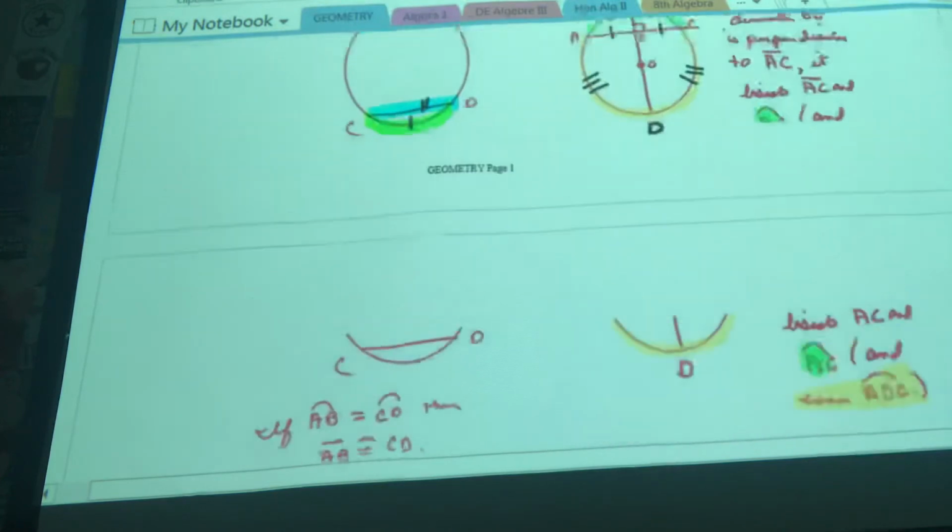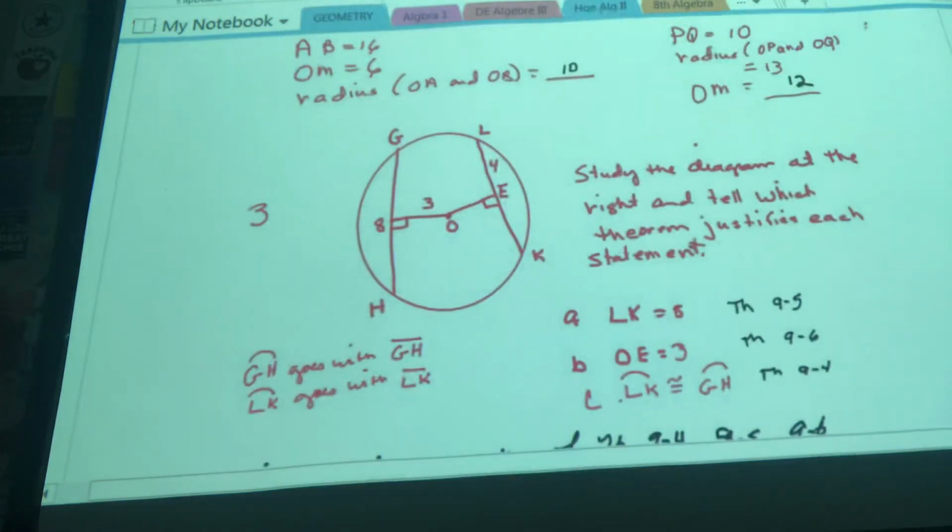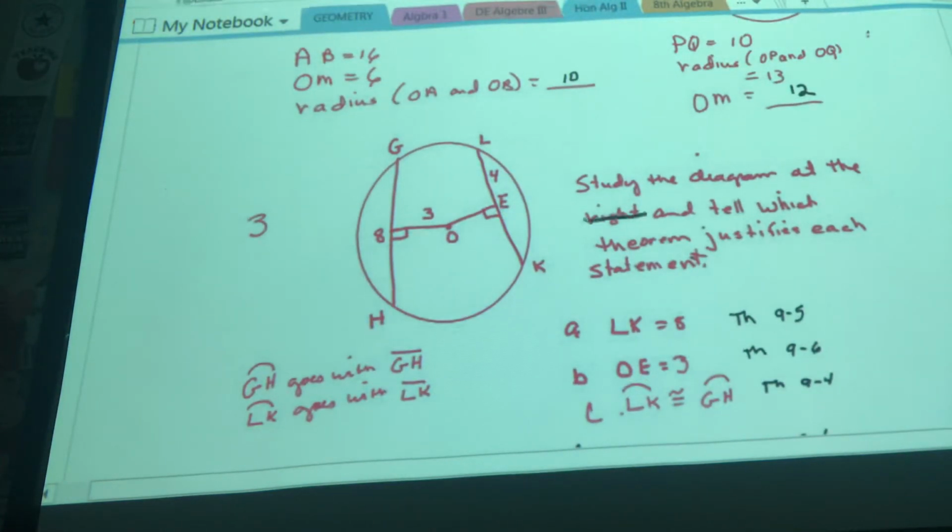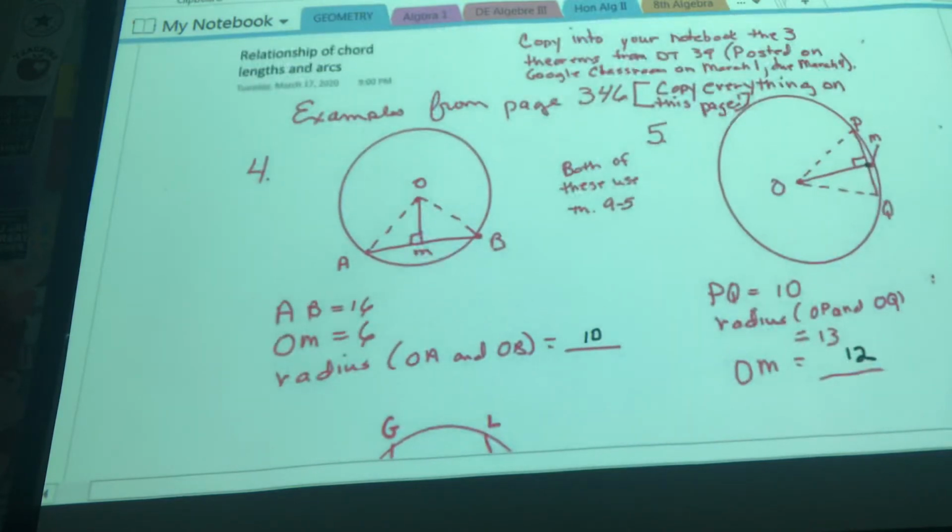Now let's look at some problems up here. And we're going to scratch this right here to say at the side. First we'll look at 4 and 5. What do we have in 4? We have chord AB, and OM is perpendicular to it. Therefore, what does OM do to AB? It bisects it.